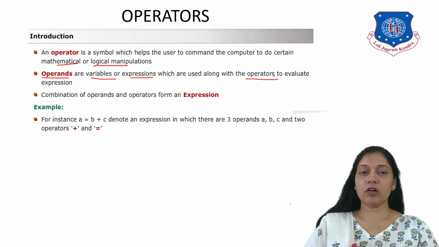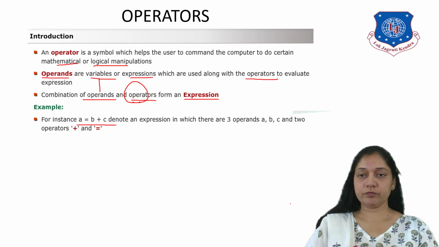These variables work with the operators and form an expression, and this expression will be evaluated. So operands are variables and operators are symbols, and using them we form a mathematical expression which gives you some specific value.